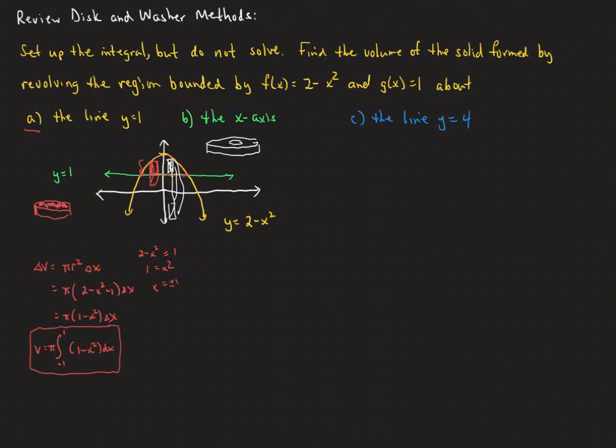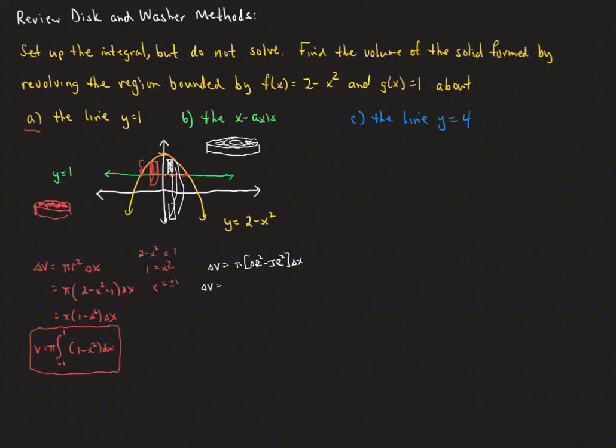So our washer, our delta volume, is going to be the area of that cross-sectional piece right there, which is pi times the outside radius squared minus the inside radius squared times the delta x. So the hard part is figuring out what these things are.